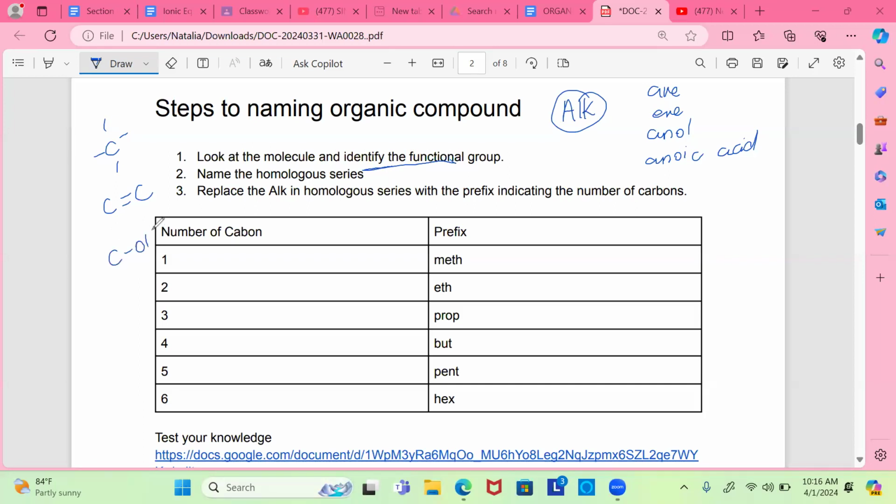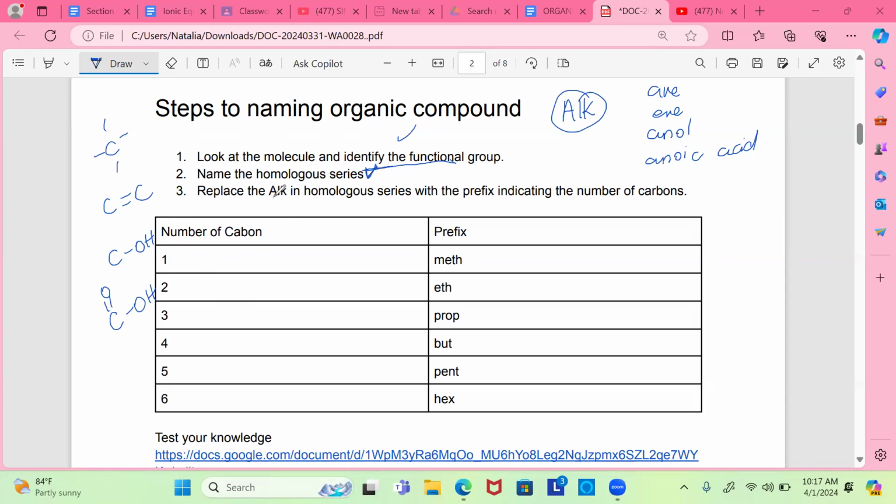And a carbon bonded with an OH? Alkanol. And a carboxyl, which is a C double bond OH? Alkanoic acid. Good.